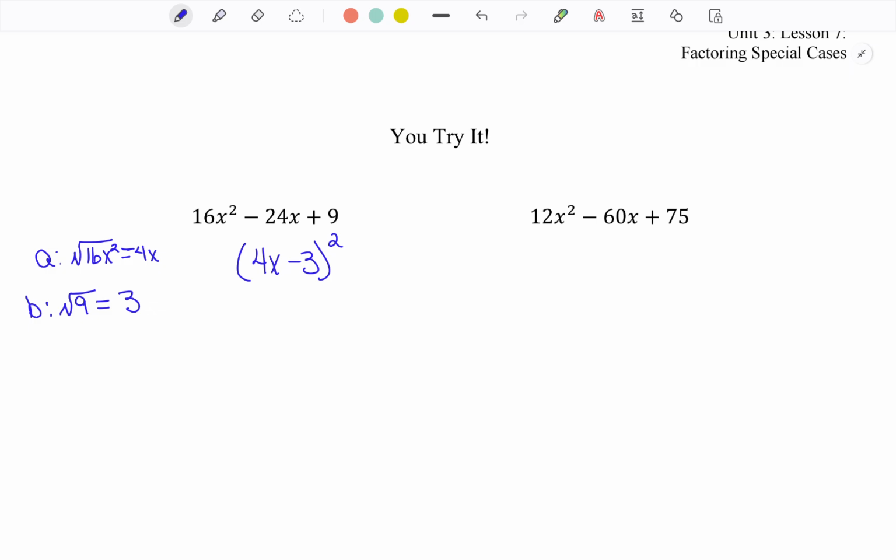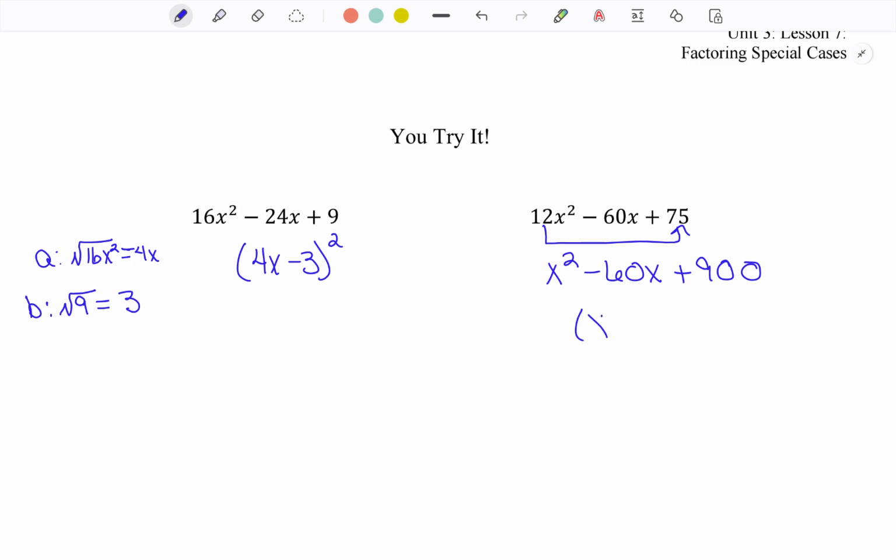Then on this next problem, we actually don't have a perfect square right now, but we can slide and divide. And so that's going to give us x squared minus 60x plus 900. And 900 is a perfect square. So we can actually factor using that perfect square trinomial method.